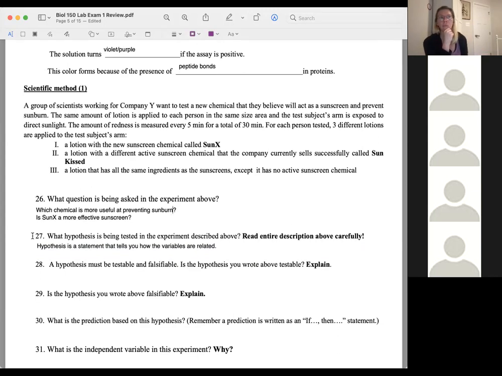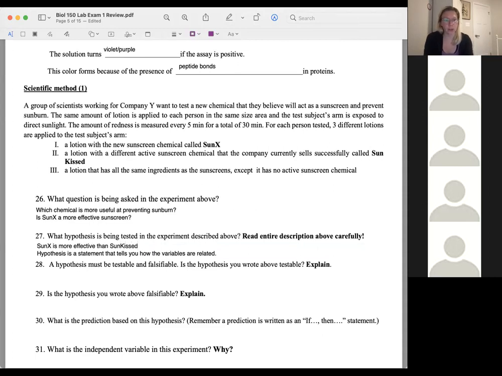So for this one, if Sun X is used, it is more effective than Sun-Kissed. So this is a really good start.